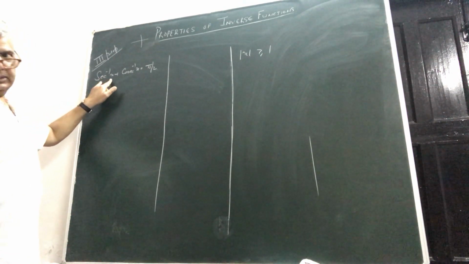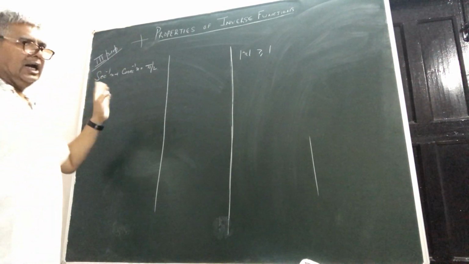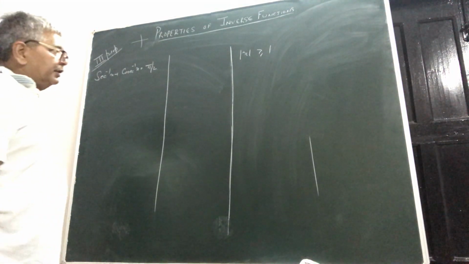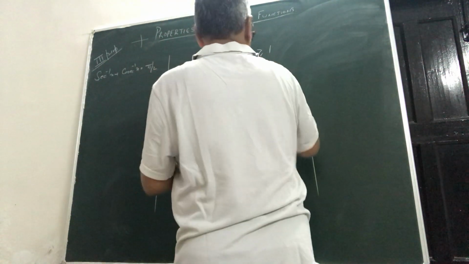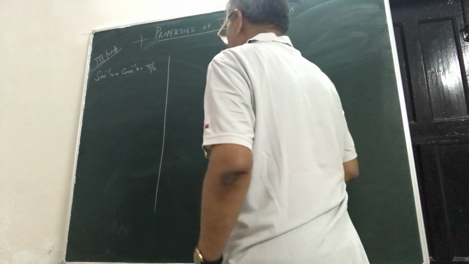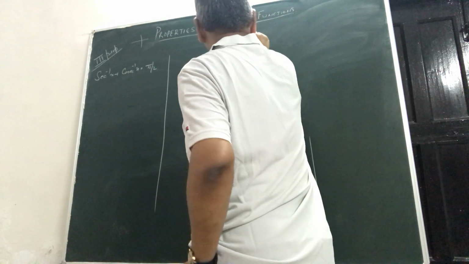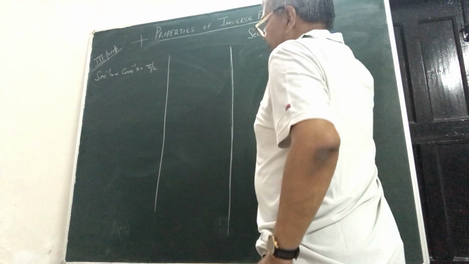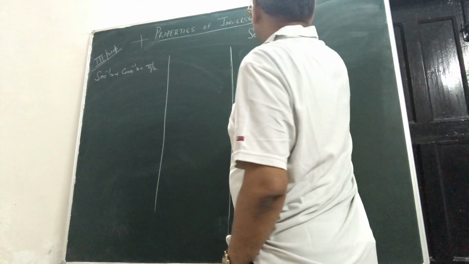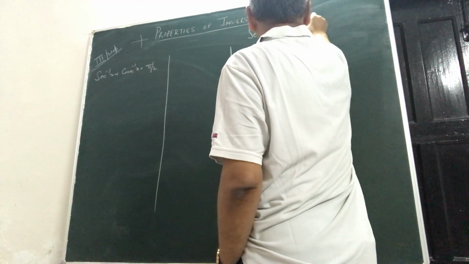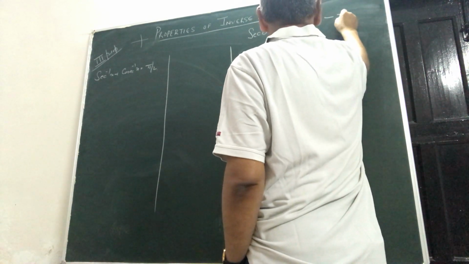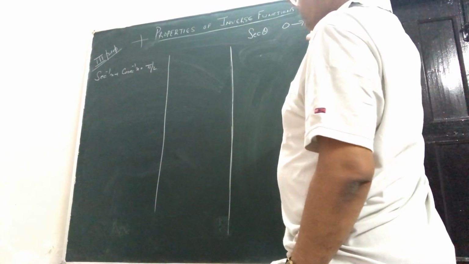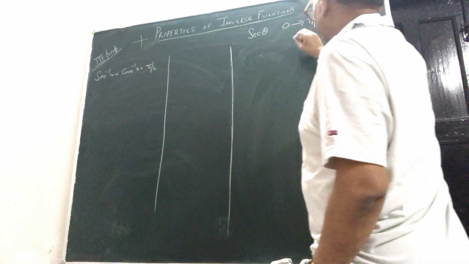Now the branches are different. Please see, I will be writing here. You should be careful enough to understand that. I will write the principal branch of sec theta and that of cosec theta, and from there you can find it out. Sec theta, 0 to pi, so it is 0 to pi by 2 to pi, and this pi by 2 will be excluded.